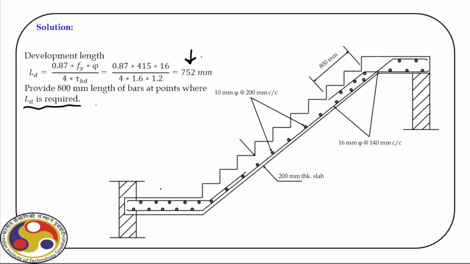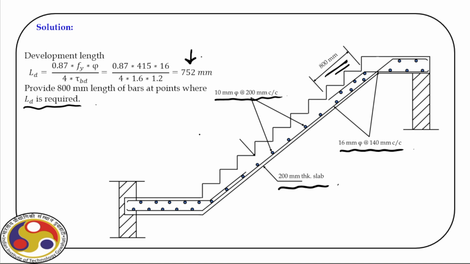And then you can see here the 200 millimeter thick slab. Then we have the main rebars, as you can see, 16 mm at 140 center to center, and then distribution bars 10 mm at 200 center to center, right? And you can see here the amount of development length provided for the bars.